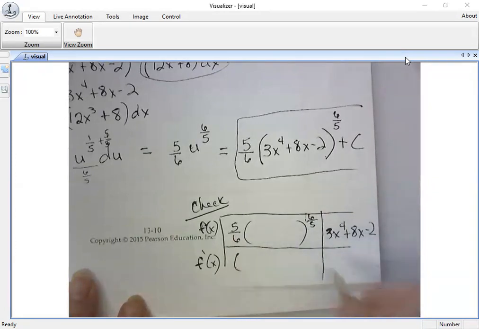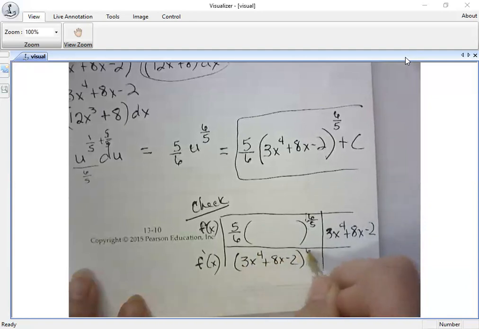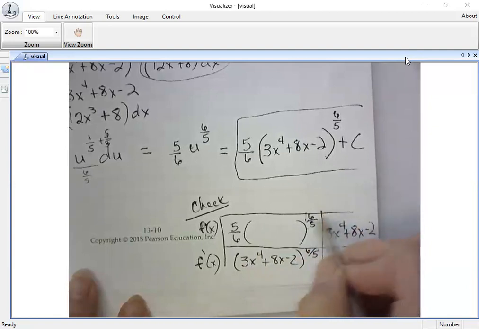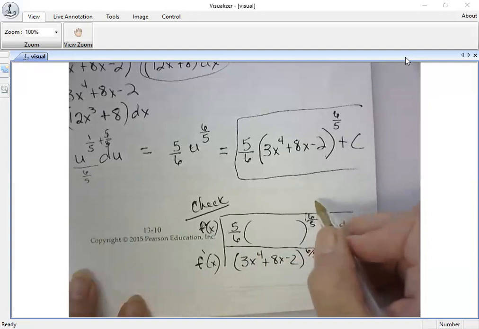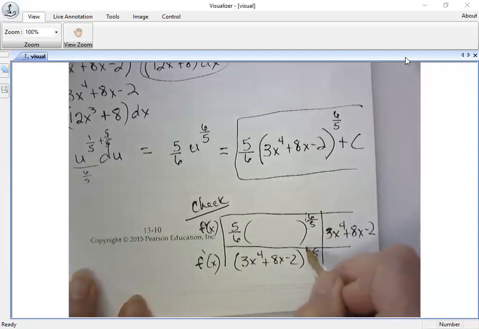And then my parentheses is the 3x to the 4th plus 8x minus 2 raised to the, oh, no, I'm sorry, not the 6/5 power because I have to subtract 1 from it. And 6/5 minus 5/5 is 1/5.